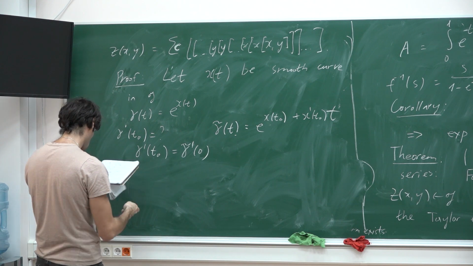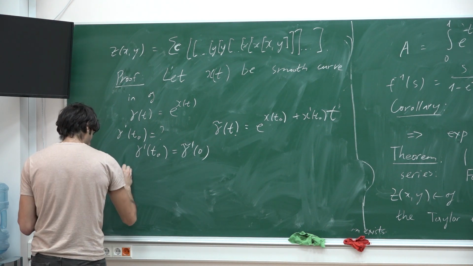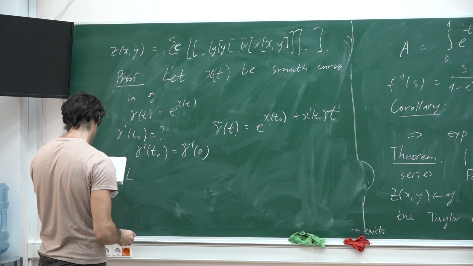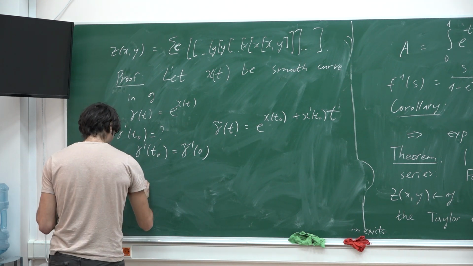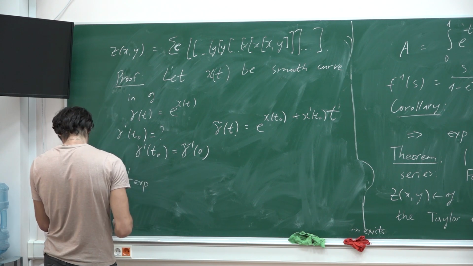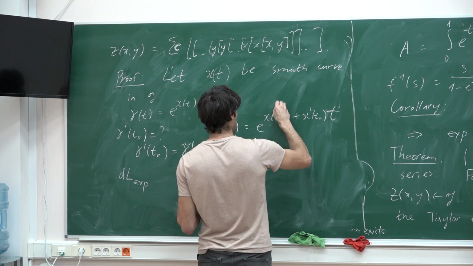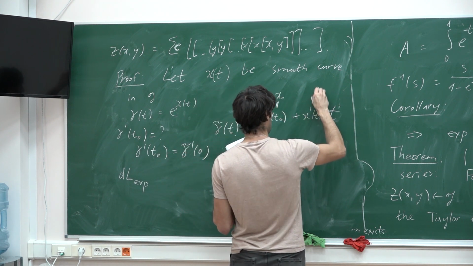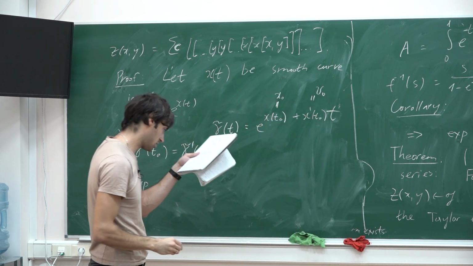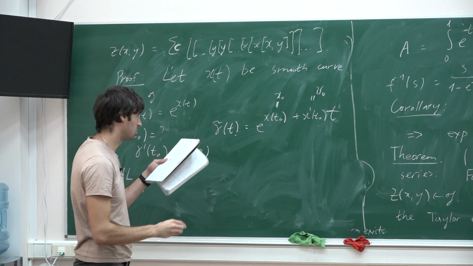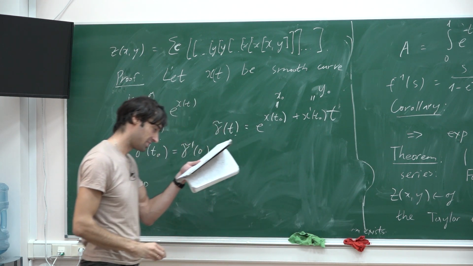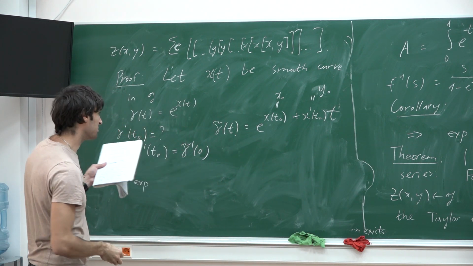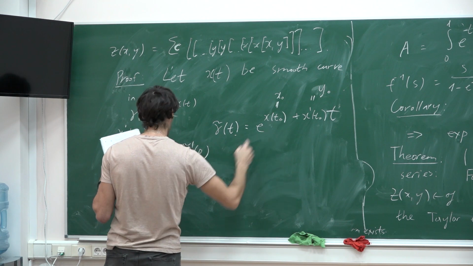Then I would like to see the following. So dl exp. So let me actually denote this to be x0 and this to be y0. So this is speed. This is coordinate.